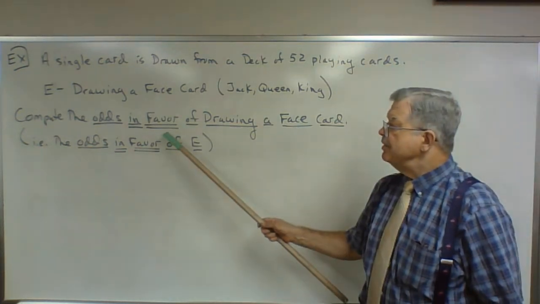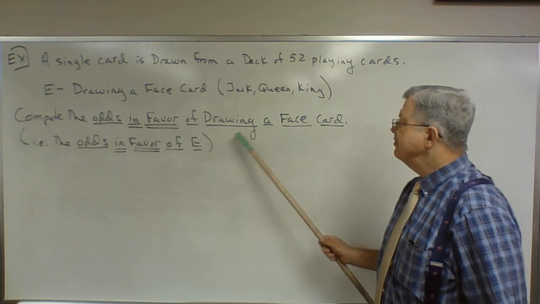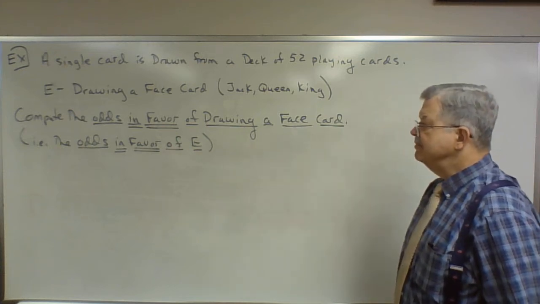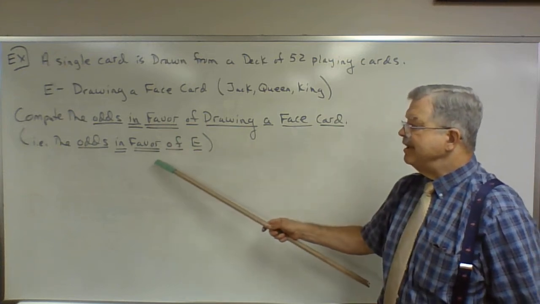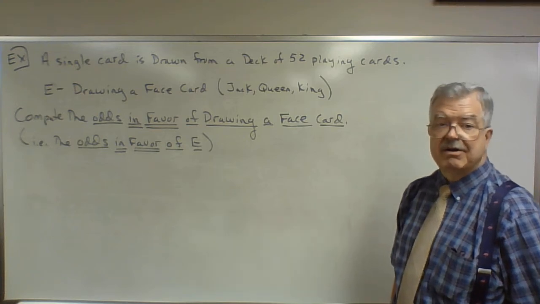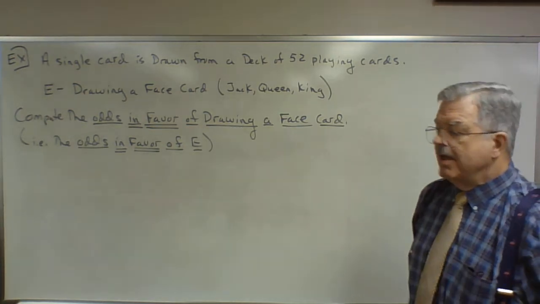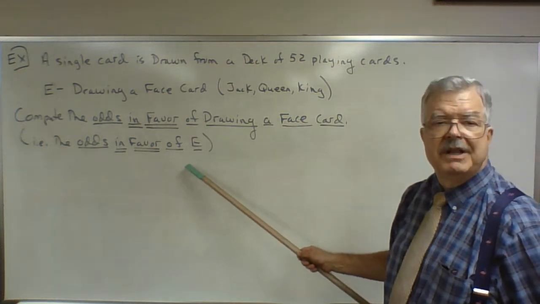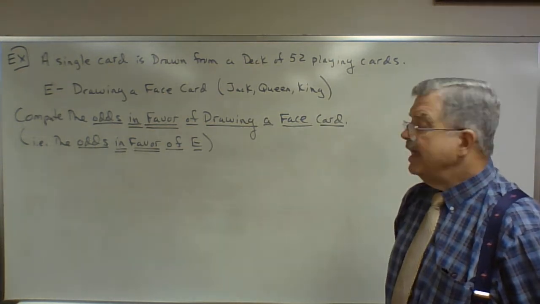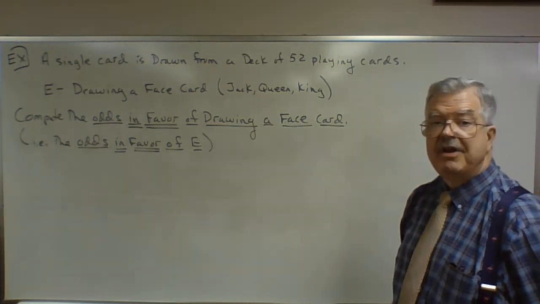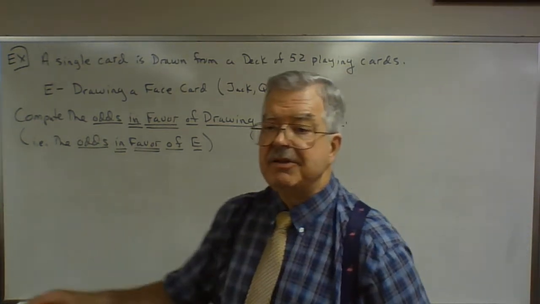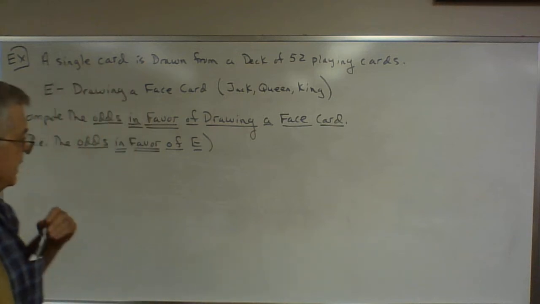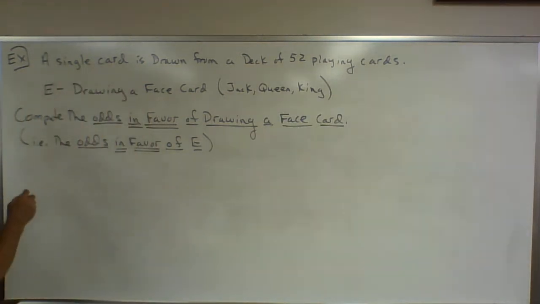And we want to compute the odds in favor of drawing a face card, the odds in favor of the event E occurring. In order to do this, we need to know the probability that E occurs and the probability that E does not occur. So let's do the probability that E occurs.